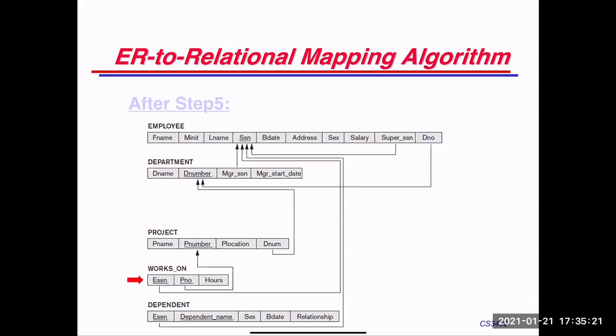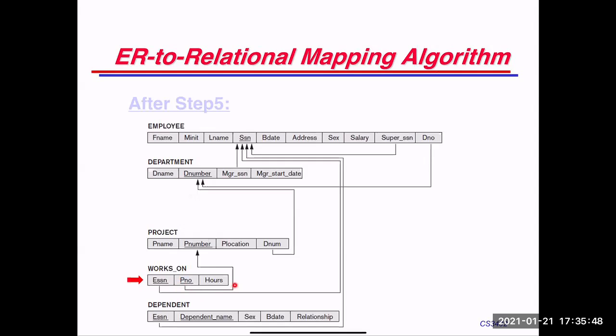Coming back to the company database, how do we do this for the works on relationship? That was between employee and project. Each employee might work on multiple projects, and each project might have multiple employees working on it. So we include the employee social security number and the project number.